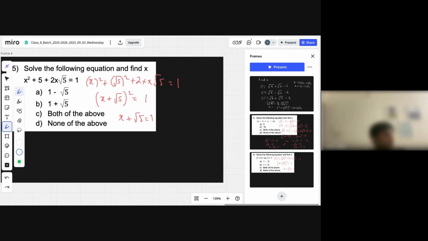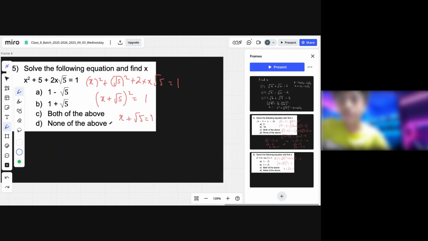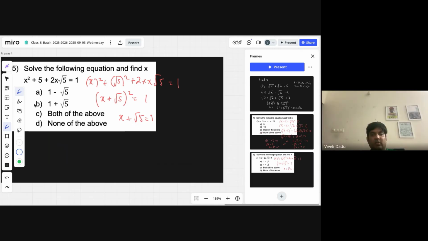Sir, but in this case, the problem of that minus value coming inside the root is not there, right, sir? Yeah. So this time actually it will be two things. This or x plus root 5 equal to minus 1. So x equal to 1 minus root 5 or x equal to minus 1 minus root 5.